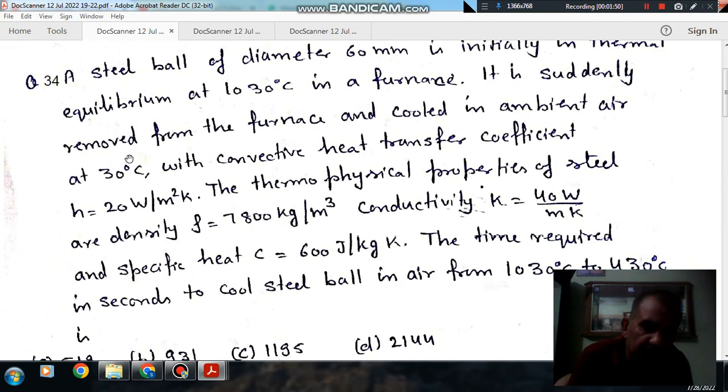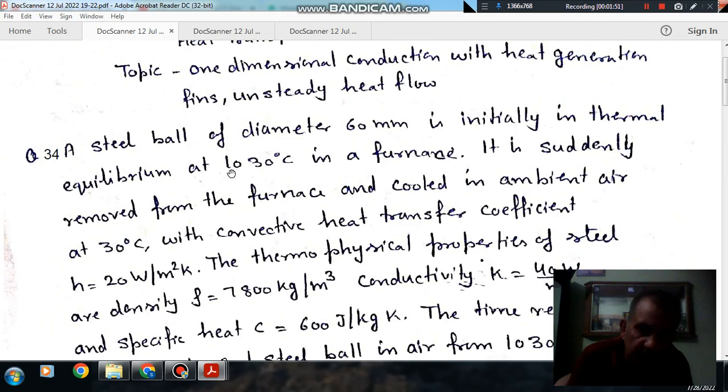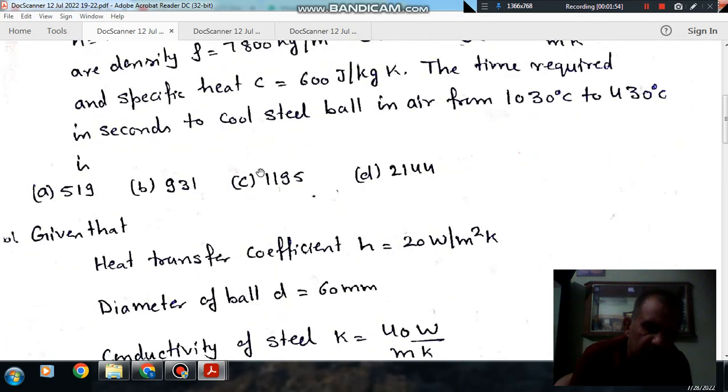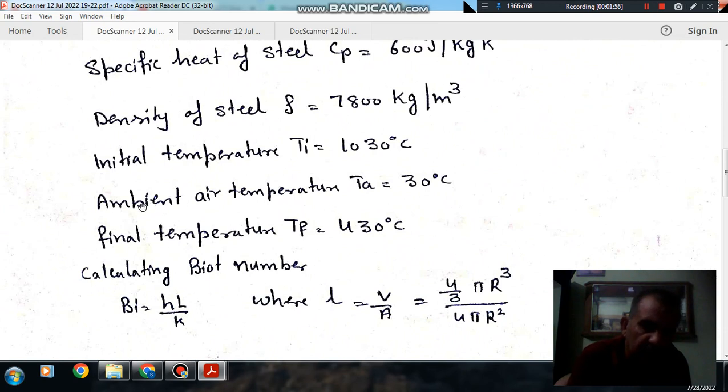The initial temperature of the ball is 1030 degrees Celsius.